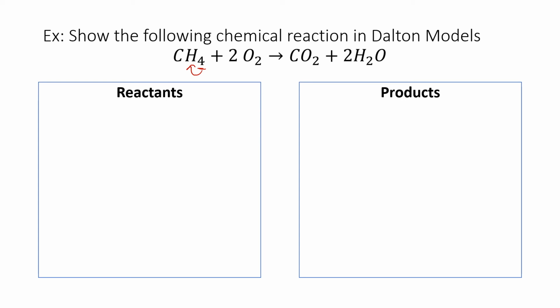Now, my coefficients are the big numbers in front of my molecule. That tells me how many times I'm drawing that molecule. If I'm looking at oxygen, I have a 2 in front of the oxygen, meaning I am drawing 2 oxygen molecules. So if we get drawing with our reactants, I see in methane, I have 1 carbon.